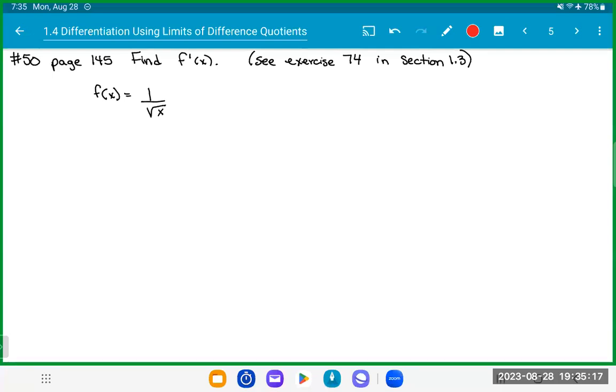All right. So let's look at this one. The textbook tells us it wants us to find f prime of 1 over the square root of x. It tells us to see example 74 in section 1.3 for this, okay? Let me pull that up real quick.